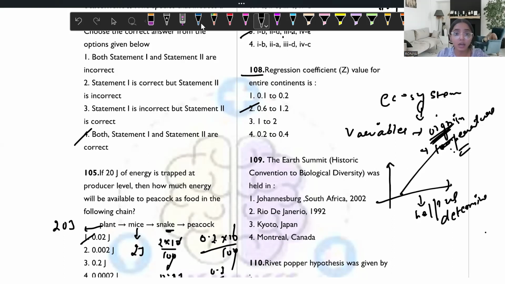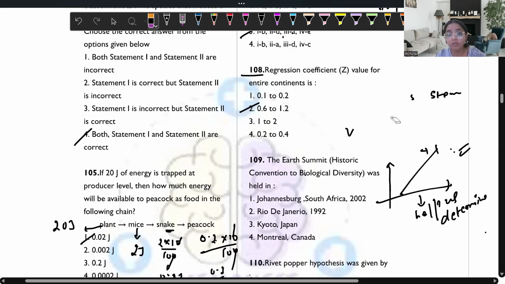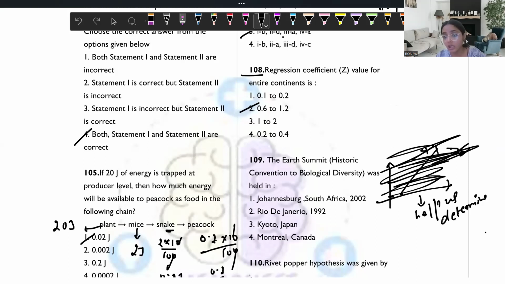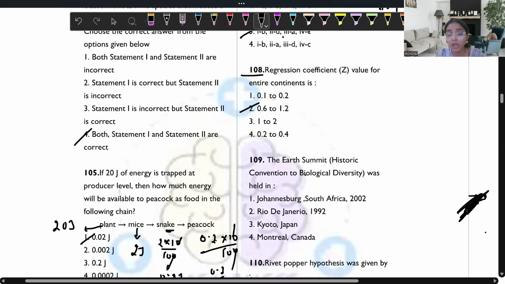Now using this graph, we will find out a numerical value which will be known as coefficient of regression or regression coefficient. So regression coefficient is a numerical value which helps us to determine the relationship between two variables of an ecosystem. For example, organisms and temperature.